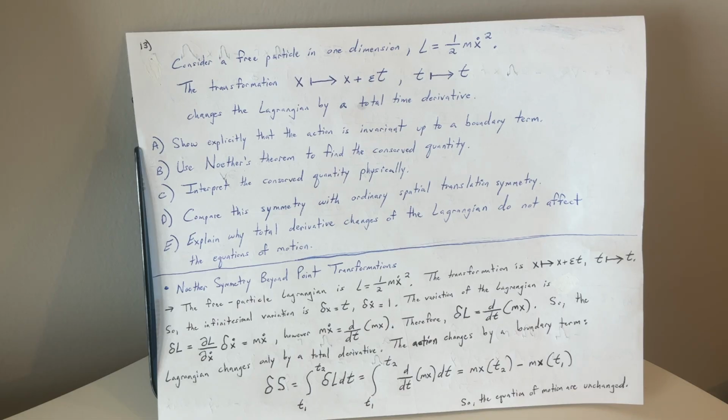So the infinitesimal variation is delta x equals t, and delta x dot equals 1.